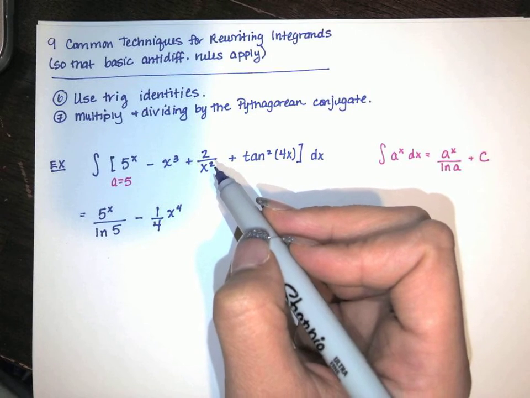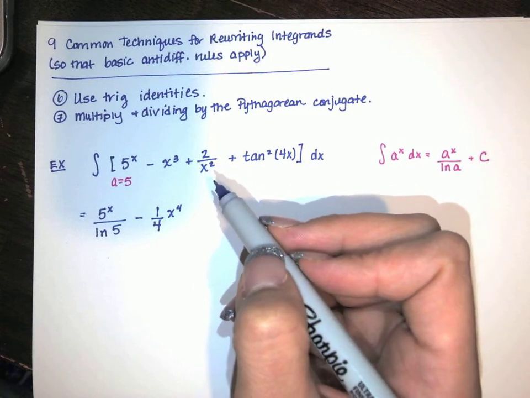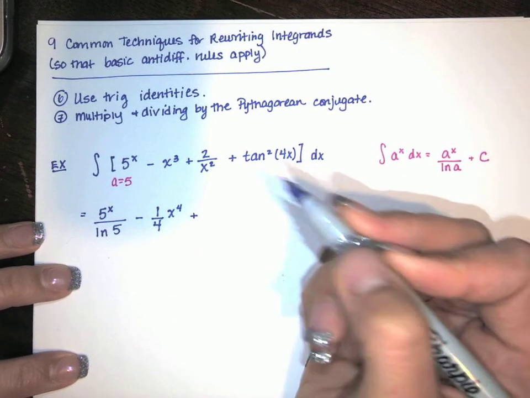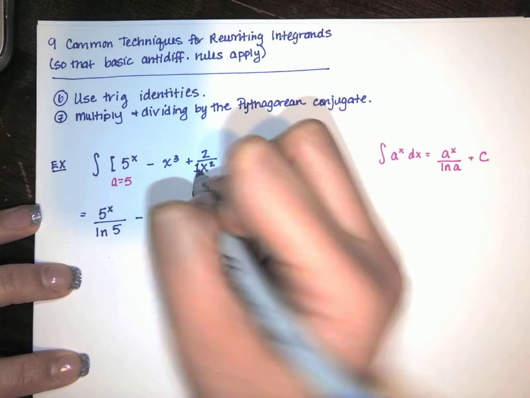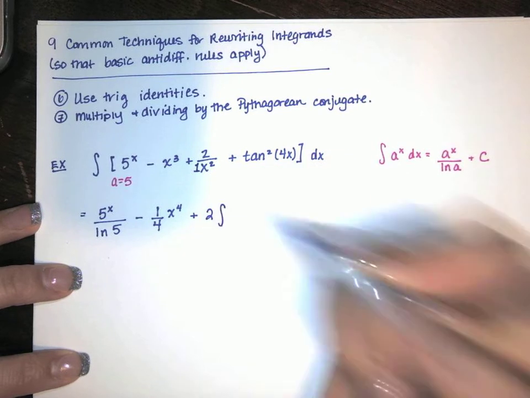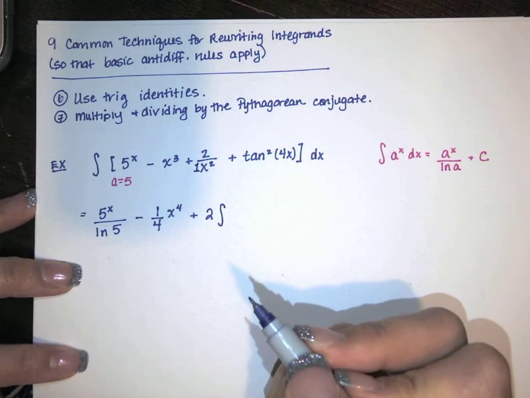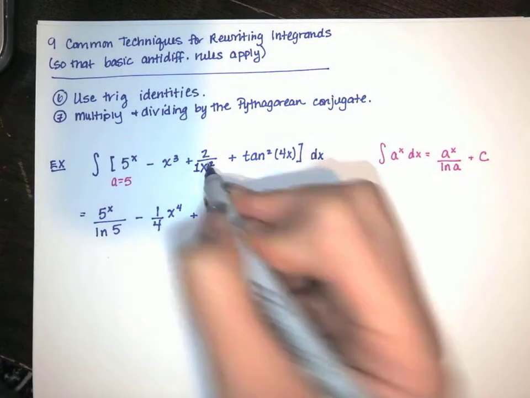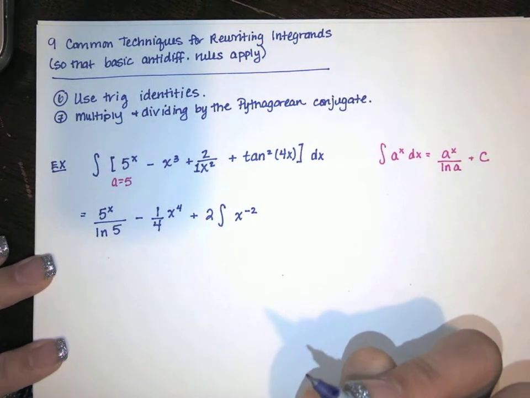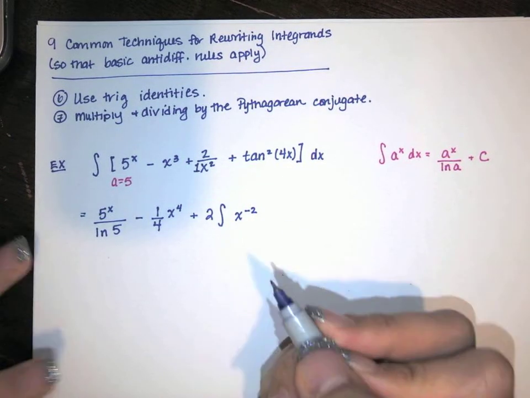Since the exponent is not a 1, we need to bring that up to the numerator and use the power rule. So first thing I'm going to do is factor out the constant. There's a 2 there and an implied 1 in the denominator, so there's a constant 2, factor that out, and then I will antidifferentiate this x squared that's in the denominator. If I bring that up to the numerator, that's going to be x to the -2. Now I'm ready to do a power rule for that.